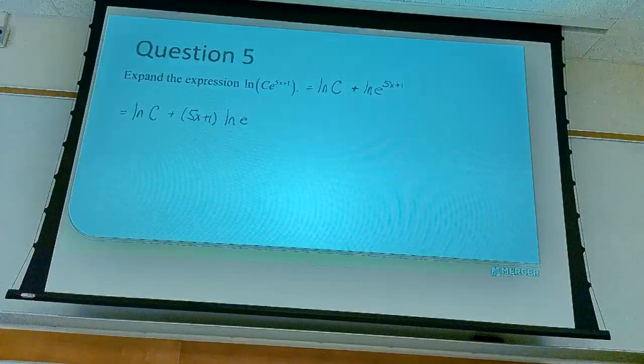Can that go any further? How? The product. We have a natural log of products. Could that be the ln C or no? Again, it's not a product, that's natural log of C, right?